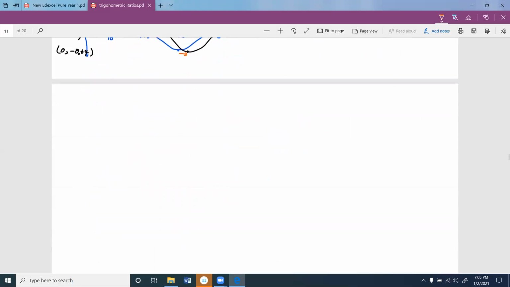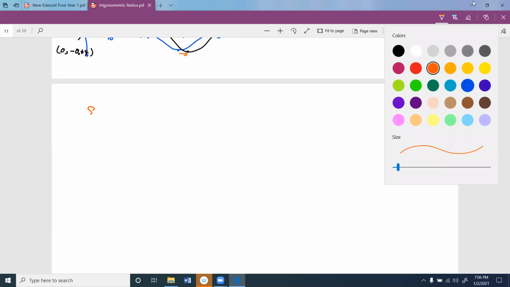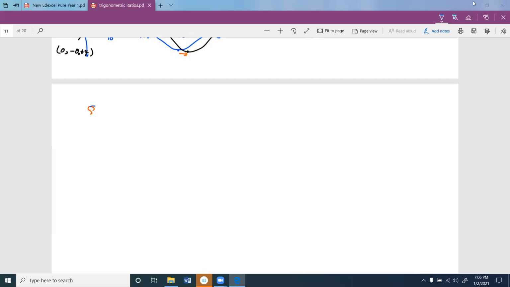Then the next graph is just like this, but it turns up to sine 2x. Sorry, turns up to sine 2 theta. Right. Initially, I'm doing the same concept.